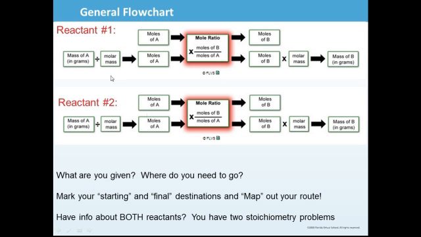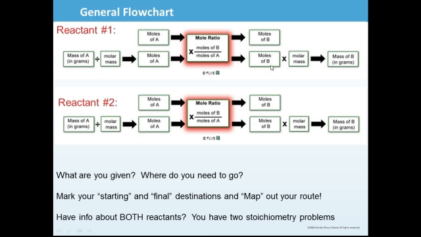So we can use the same flowchart as we used in 4.06. If we have mass of A, we can convert to moles of A. Then moles of A we can convert to moles of B, and then we can convert moles of B to mass of B. And in limiting reactant, we have the mass or the number of moles of 2 reactants, so we're basically going to do 2 stoichiometry problems.